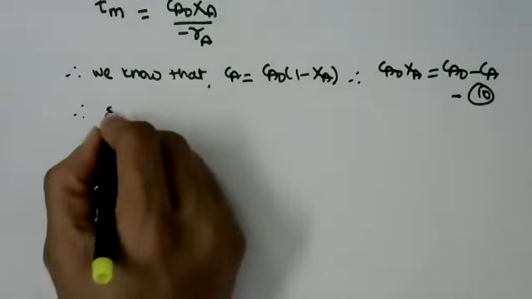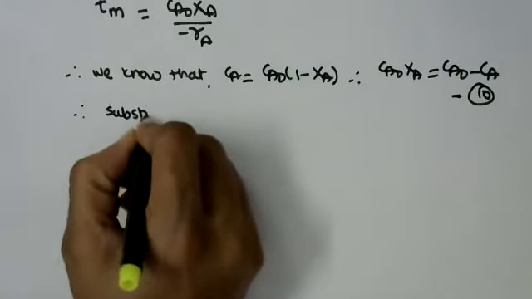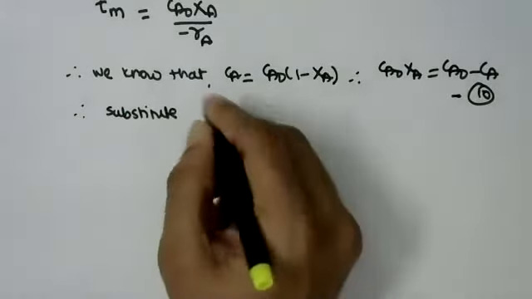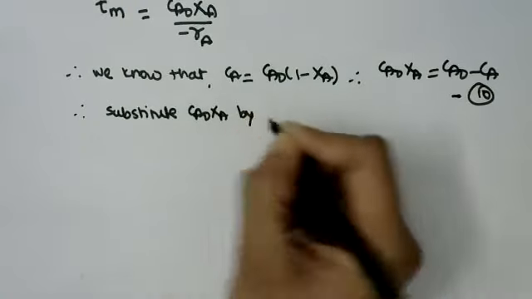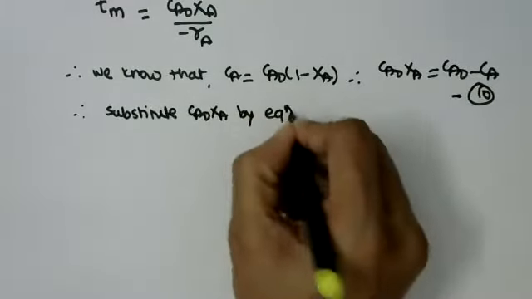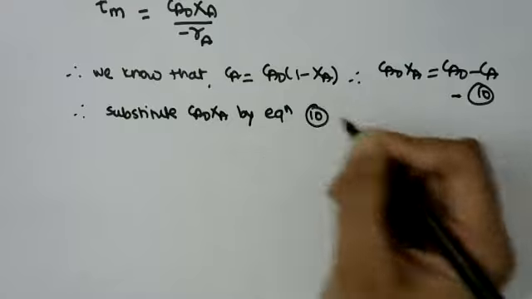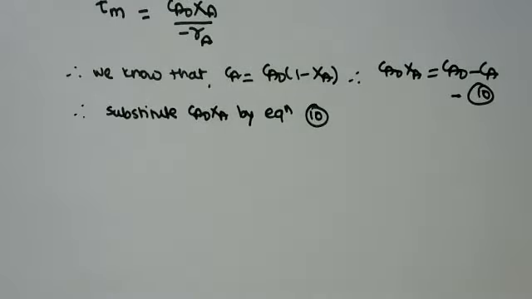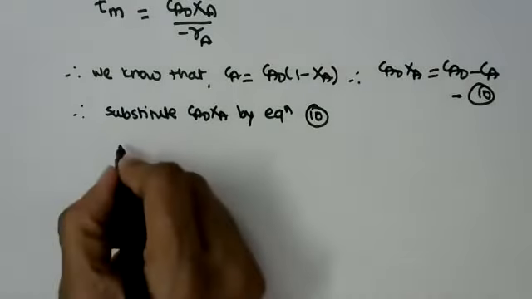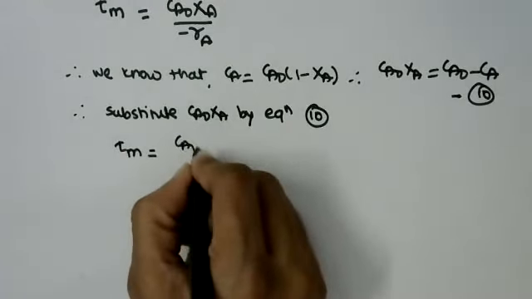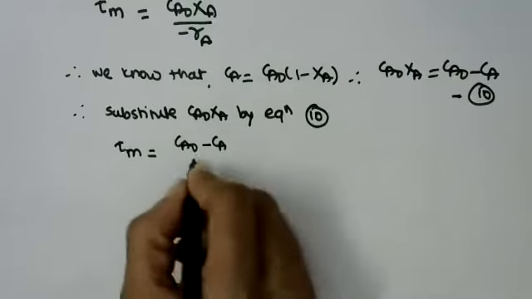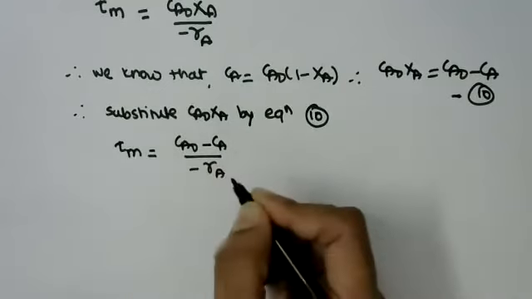Therefore, substitute Ca0 Xa by the terms in equation 10, and what you will get is tau m is equal to Ca0 minus Ca upon minus Ra.